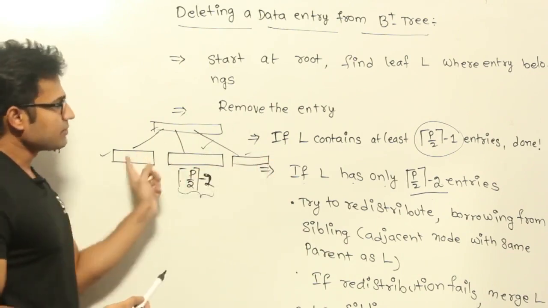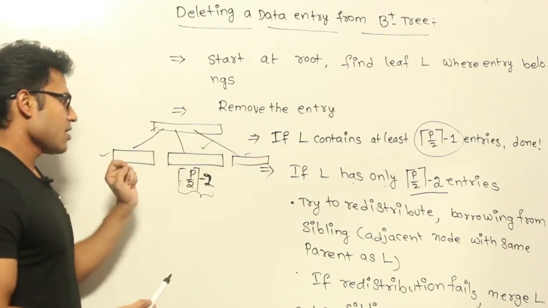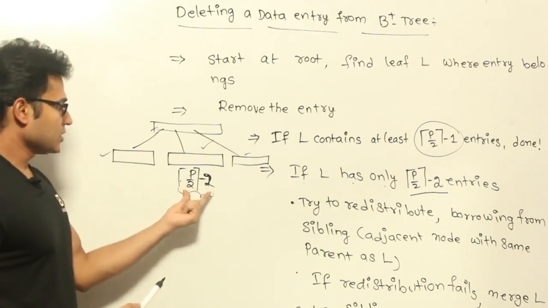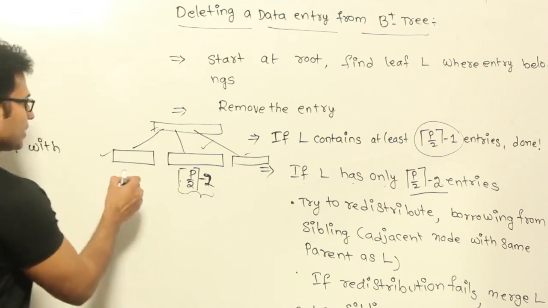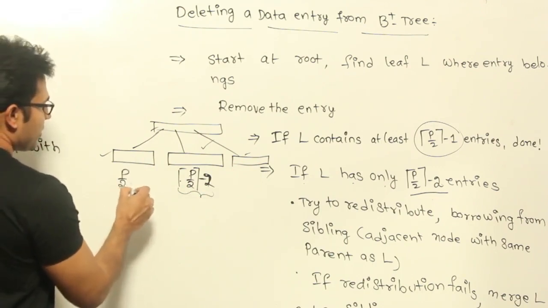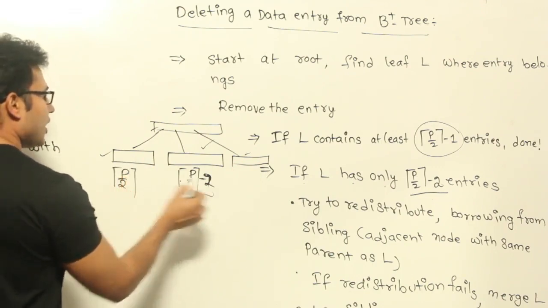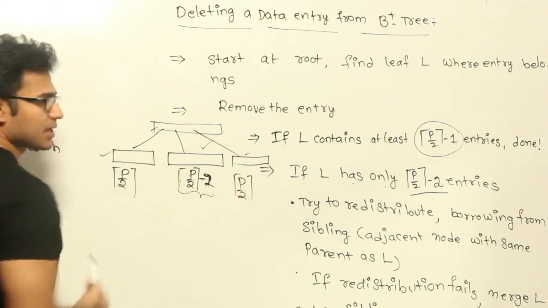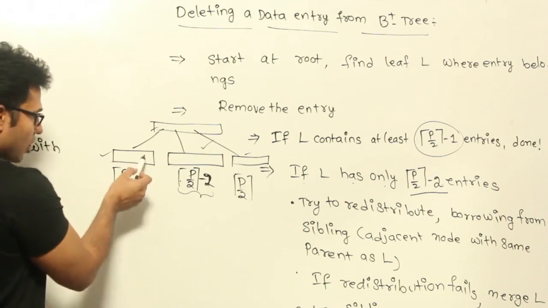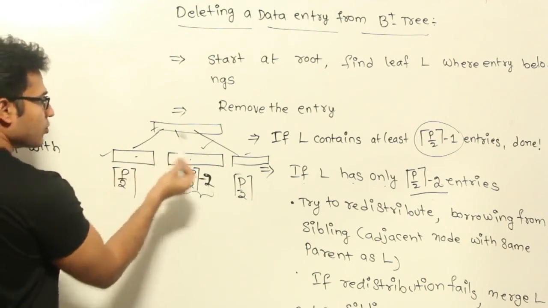If any of the siblings are not having underflow, which means this one is having p/2, or any one of them is having p/2, then you can borrow one entry from there and put it here.